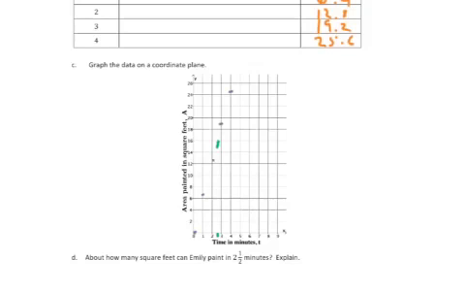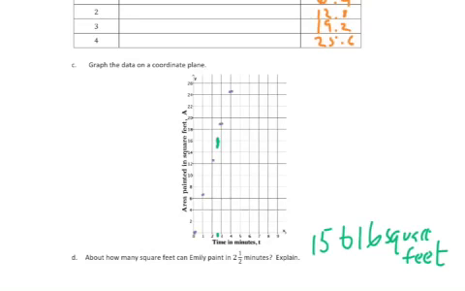So it looks like somewhere right in here. So I would predict anywhere between 15 and 16 square feet. Okay, because that's where it would fall in the graph. That's where we can predict at 2.5 minutes it would fall around the 15 to 16 square feet mark.